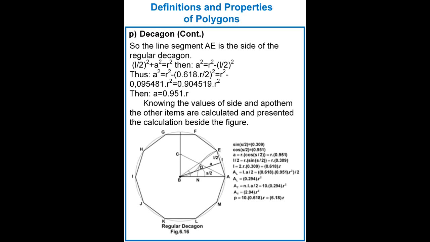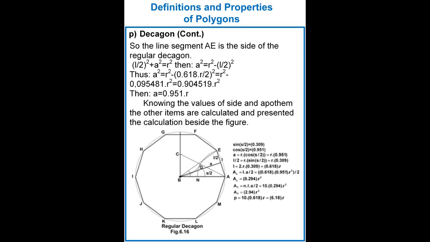Therefore, a right triangle is formed by the radius, by the middle of the segment AE, that is the side, and by the bottom. Using the Pythagoras theorem, in this right triangle, you have the dimension of the hypotenuse, that is the radius, and the value of the dimension of the leg that has the value equal to half of the side. Then it's possible to calculate the value of the dimension of the other leg, that is the bottom.